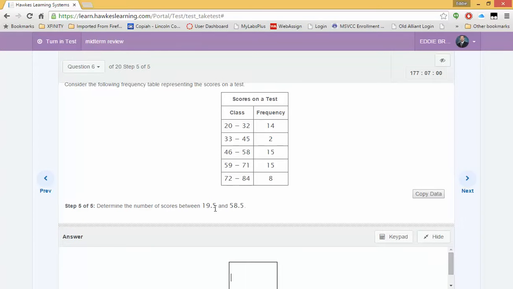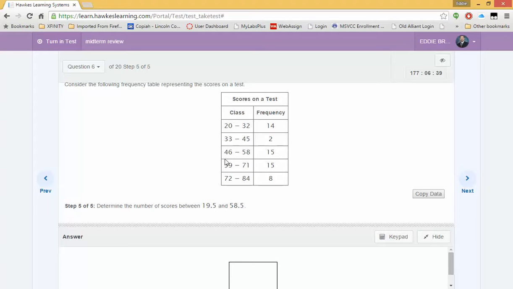Determine the number of scores between 19.5 and 58.5. So 19.5 is the lower class boundary for the first class. 58.5, you can think of it as the upper class boundary for the third or the lower class boundary for the fourth.